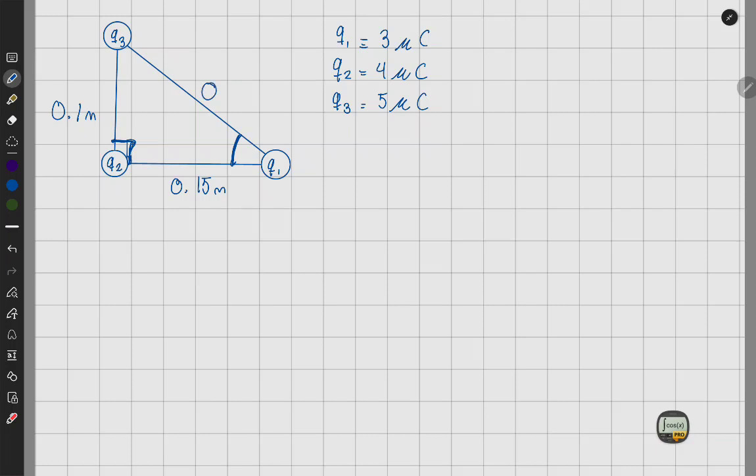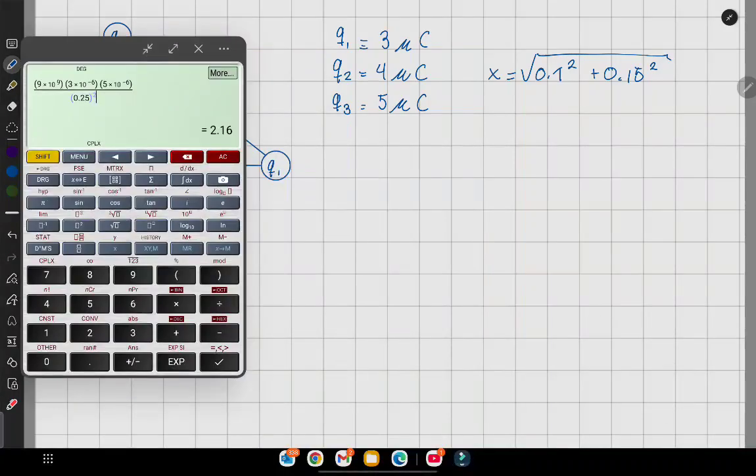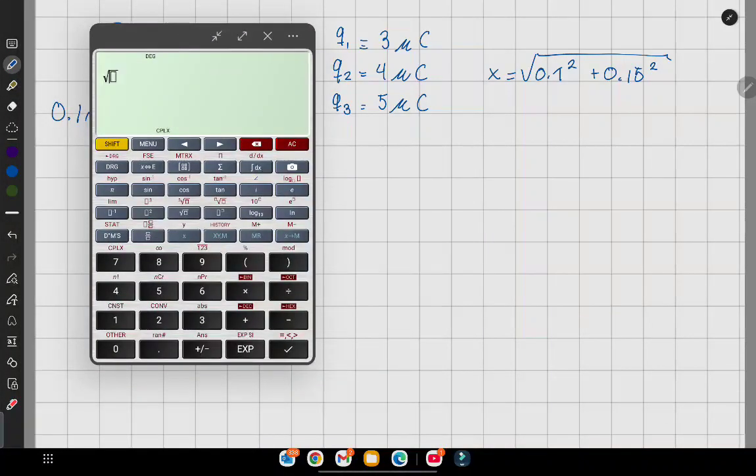So I'm going to calculate this distance. It's the hypotenuse, so I'm going to write an x, and that's equal to the square root of 0.1 squared plus 0.15 squared. I'm going to try that on the calculator.